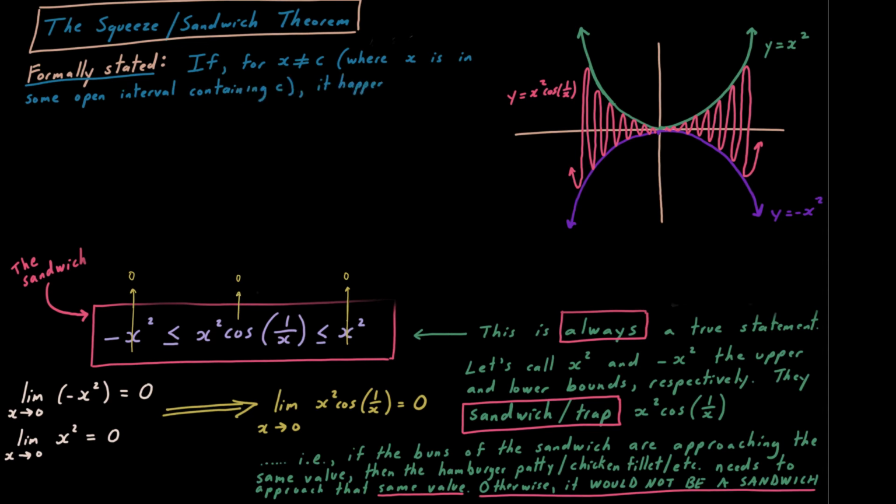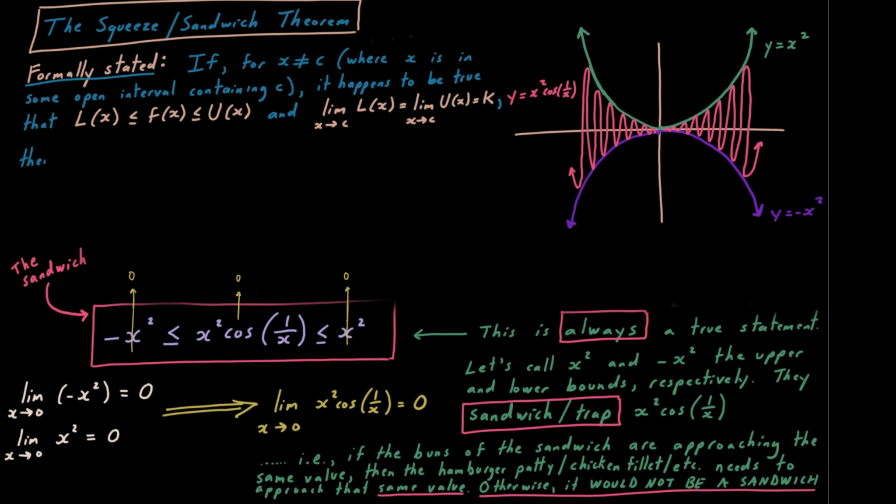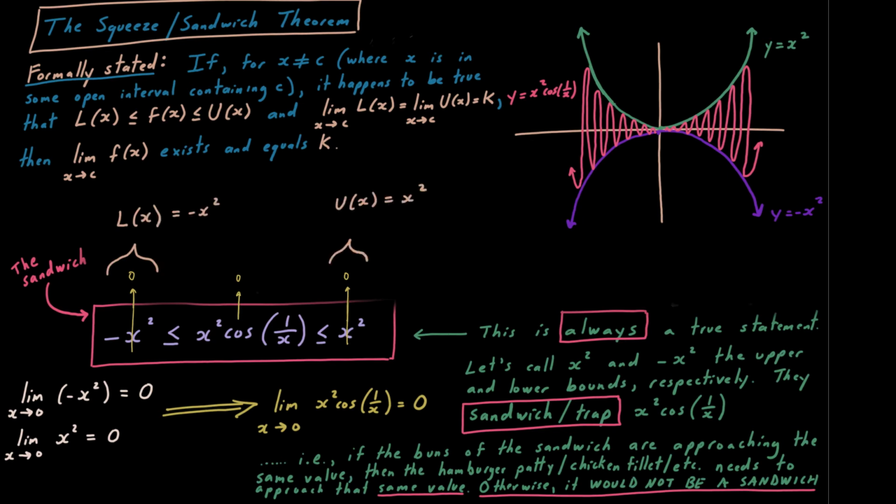Even if x doesn't equal c, and x is in some open interval containing c, if it happens to be true that on that open interval, a function L of x is always less than f of x is always less than u of x, and the limit of L of x equals the limit of u of x as x approaches c, and it's some finite value, let's call it k, then the limit of the middle piece has to also exist and equal k as well. By the way, L and U here stand for lower bound and upper bound respectively. Lower bun, upper bun, and f is your sandwich in the middle. That's all there is to it.